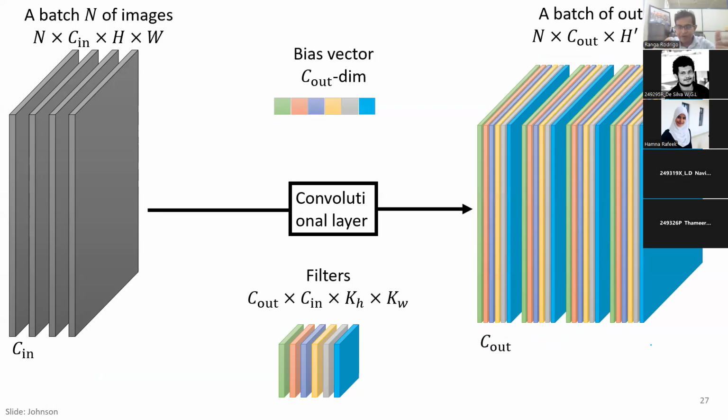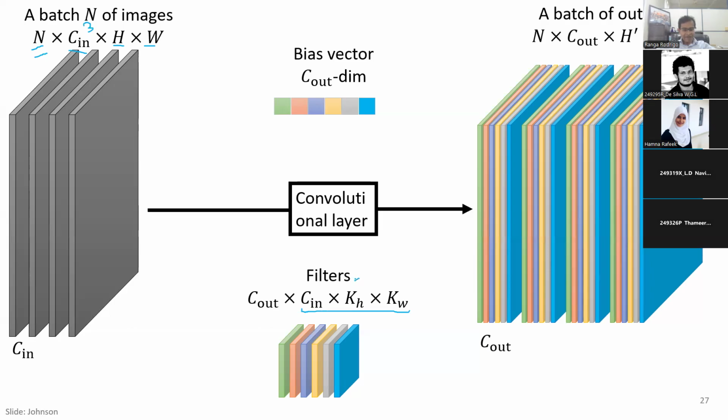Okay, now if you put it in notation, this is very important. We have N images in the batch. Each image has C_in channels, which used to be 3 here, and the height and the width of the image. We have a number of filters, and each filter size is C_in times KH times KW.